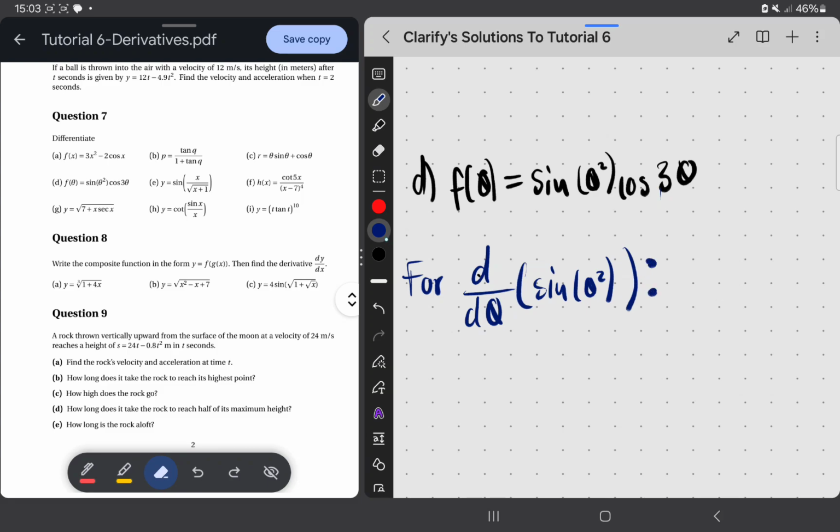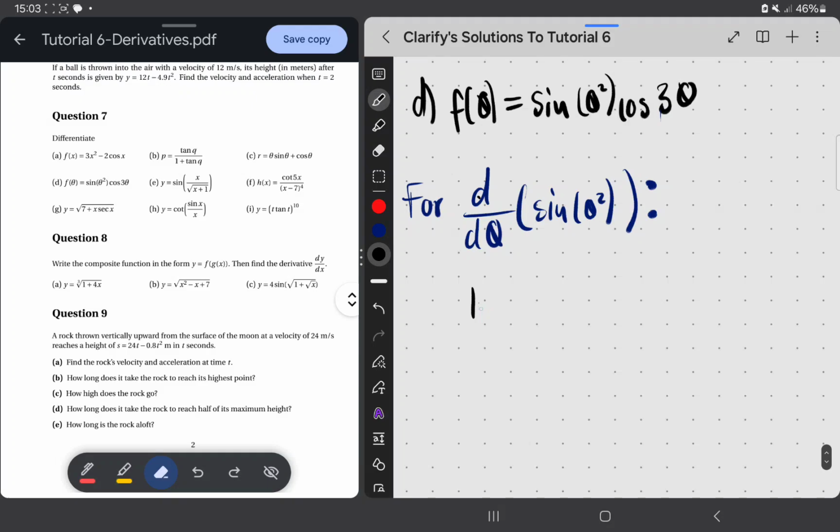What is the derivative of this? Well, you'd say, let u be equal to theta squared. And now y will be equal to sine of u, because theta squared is the u.